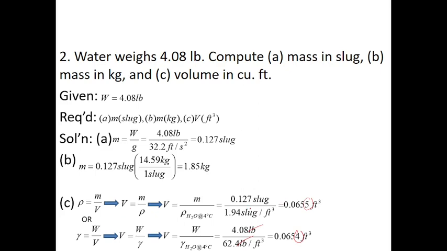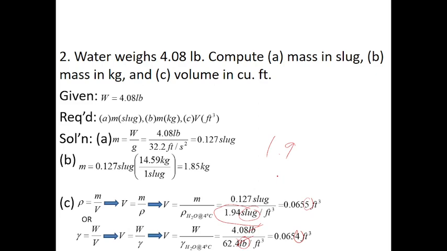Dahil ginamit kasi dito ay slug. Ito ay pounds. Kasi actually meron pang decimal yan eh. Hindi yan saktong 1.94. Hindi rin to saktong 62.4. Kaya nagkakaiba ng bahagya, no?